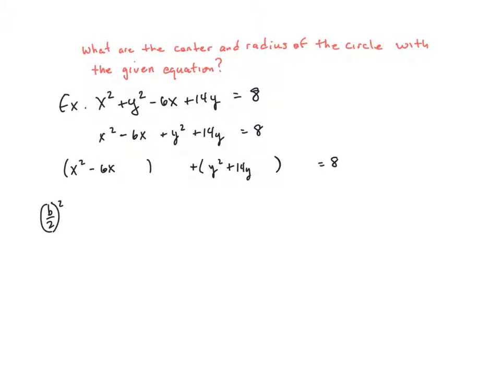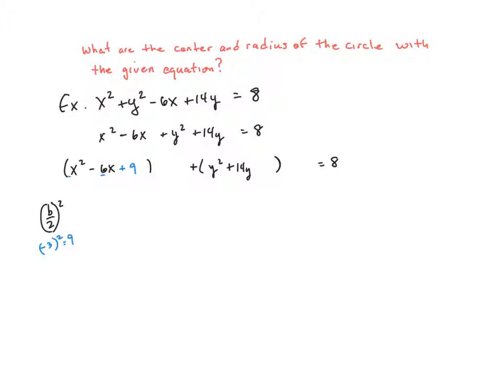In this case, we should remember that in standard form, this would be a, b, and then c. So c is going to equal half of b squared. Half of b is -6, so half of that is going to be -3 squared, and that is going to give me a 9.